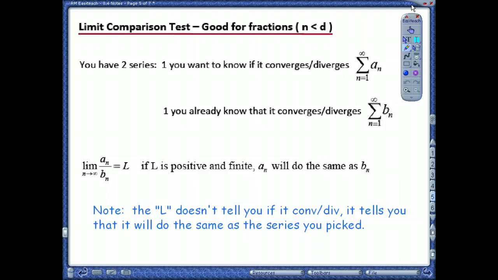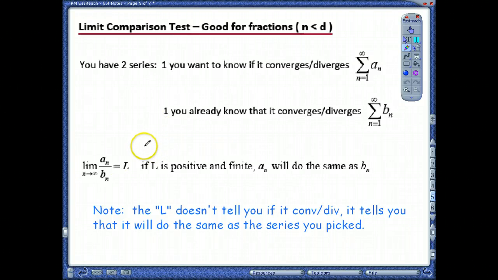It's good for fractions where the numerator's power is smaller than the denominator's power. And because it's comparison, you are going to need another series. You're going to need one that you know if it converges or diverges. Now, the good part about limit comparison is I don't care if it's bigger than or smaller than the other series. I'm just picking one I know.